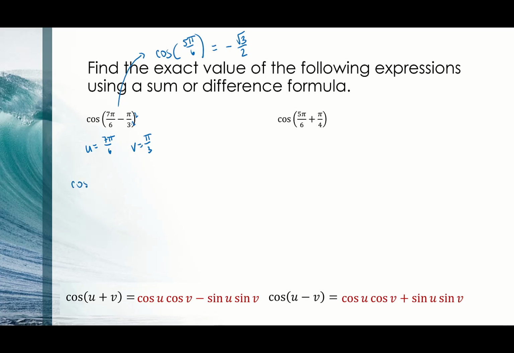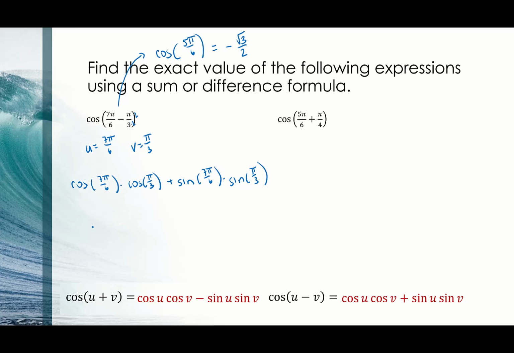So we have cosine of u, cosine of 7 pi over 6, times cosine of v, pi over 3, plus sine of 7 pi over 6, times sine of pi over 3. And again, we have all these friendly angles to work with. We're going to use that reference angle theorem or the unit circle to help us evaluate each of these trigonometric values.